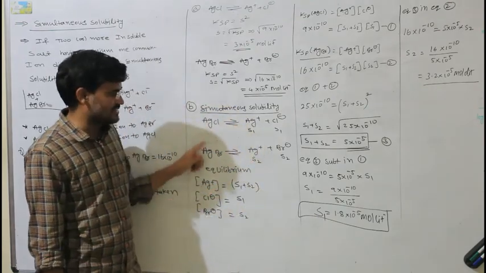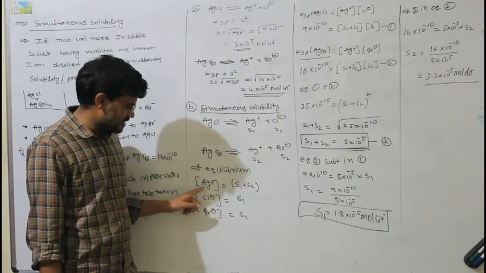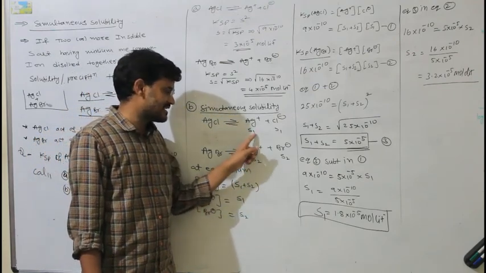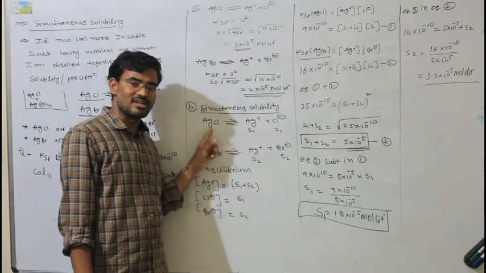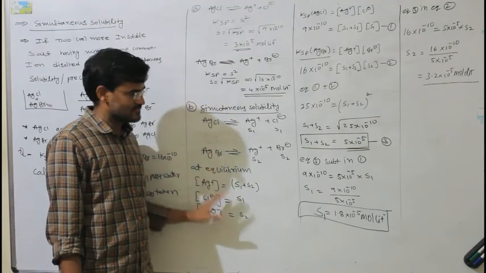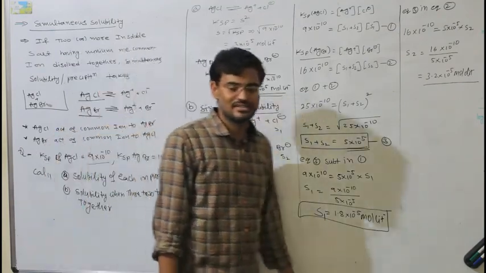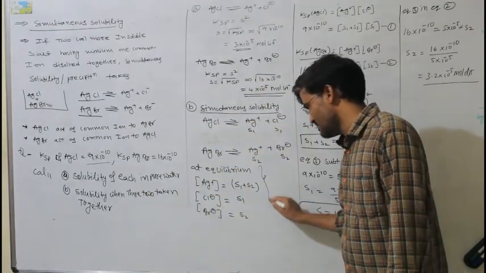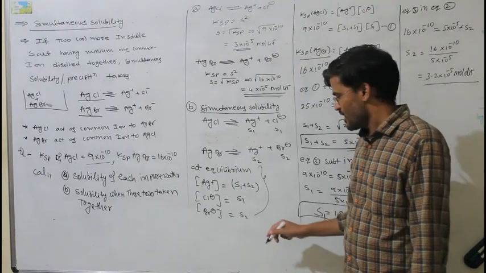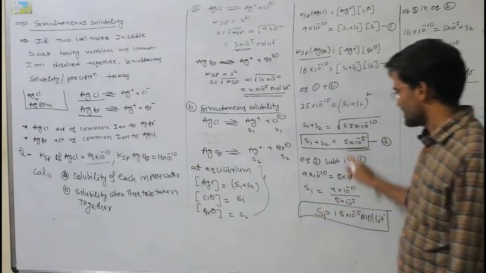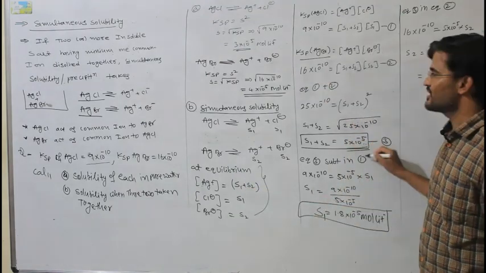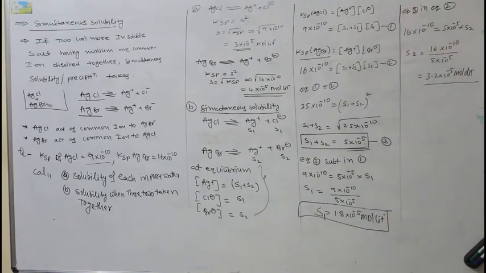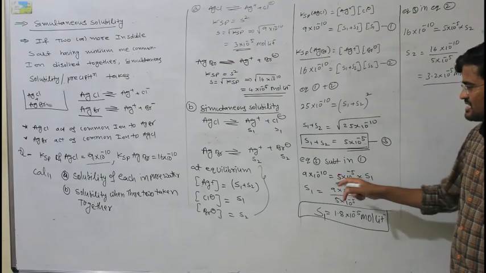Ag plus is the common ion in both cases. So at equilibrium, Ag plus concentration must equal the sum of the concentrations released by silver chloride and silver bromide. If simultaneous solubility problems come, you can approach with this method. This is the most important thing to identify. From there you have to find how much of that common ion concentration is present at equilibrium. That we substitute in the regular Ksp expression, so that we get the simultaneous solubility of each salt.